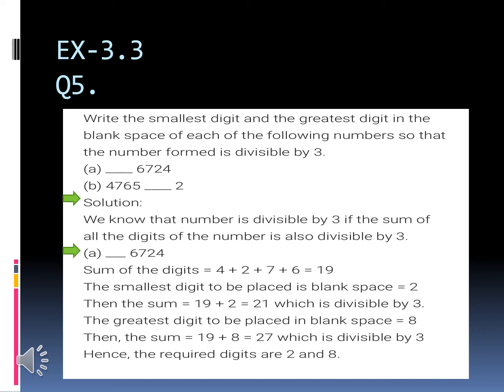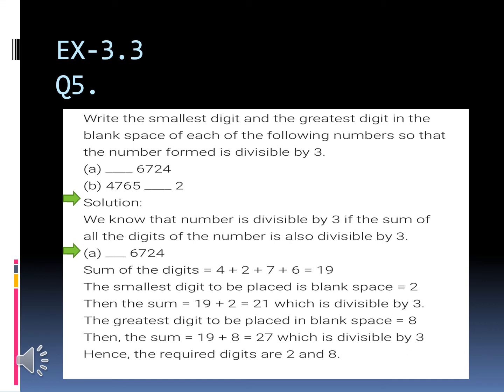Right? Now the sum 19 is not divisible by 3. After 19 we have 21 in the counting, which is divisible by 3. Right? We have to think of the next number after 19 which is divisible by 3. So that is 21. So how to reach 21? If we add 2 with 19, we can reach 21.